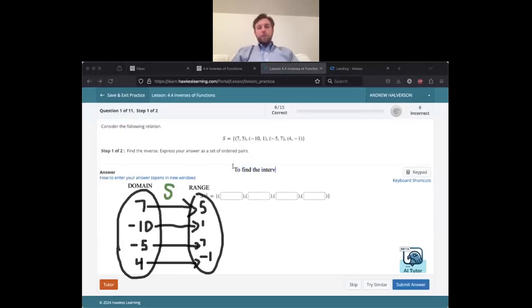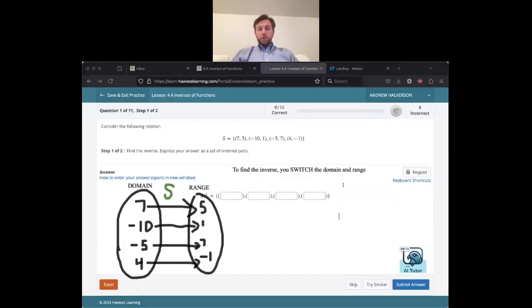To find the inverse, you switch the domain and range. Just like that. So what I'm going to do is take my two circles and just turn them. So what does that give me?